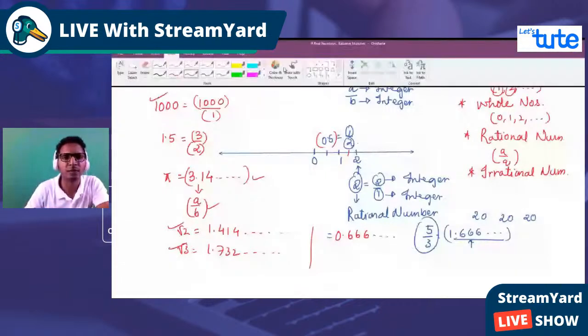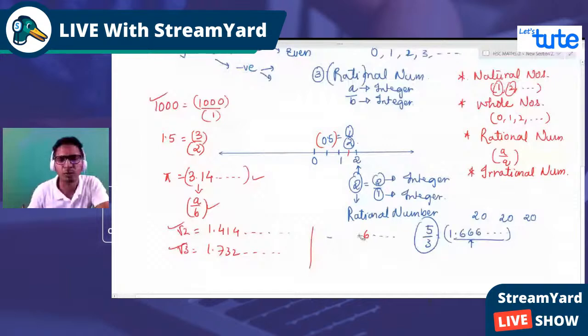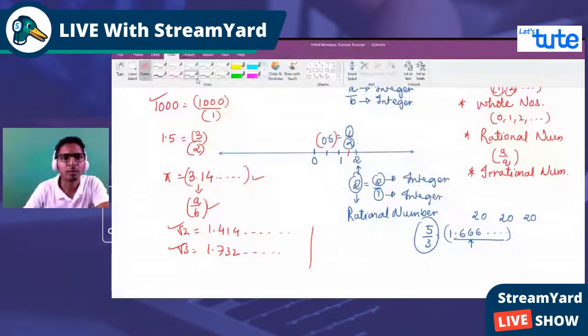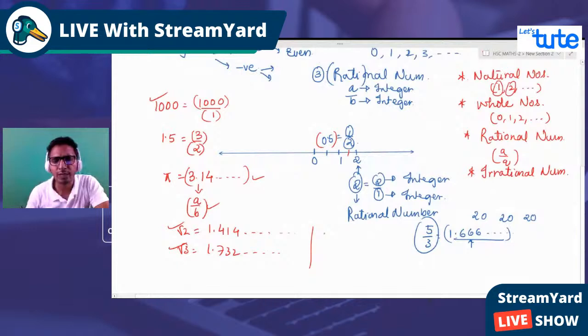Let me take one more example. Suppose I want to take 7 by 3. 3 2s are 6, 1 is remaining, so I'm taking the decimal over here, so it will be 10. 3 3s are 9, so again 1 is remaining, so due to the decimal we take 0, so it becomes 10.